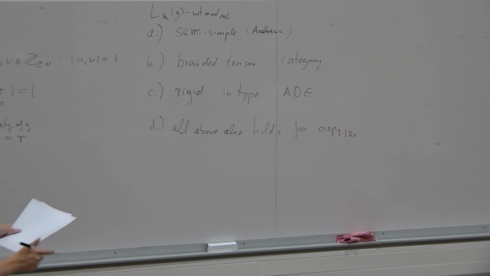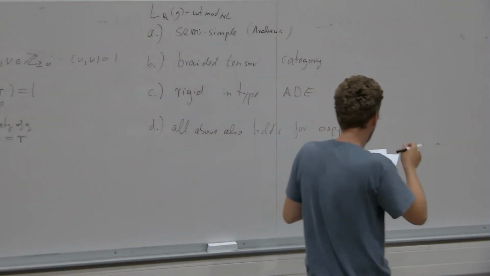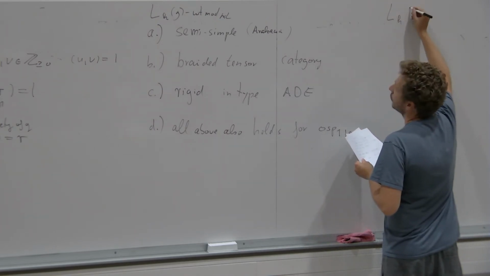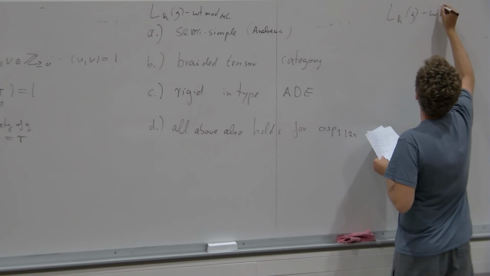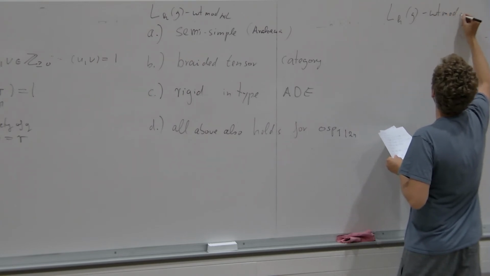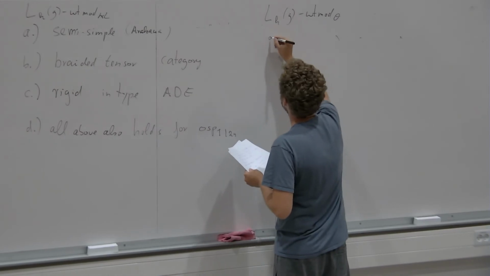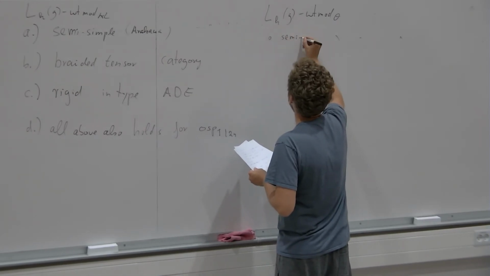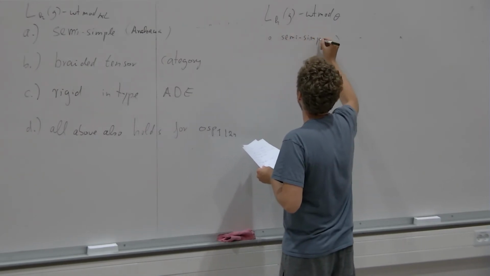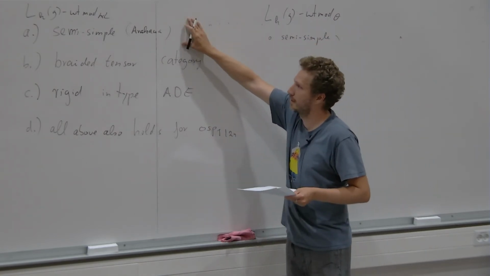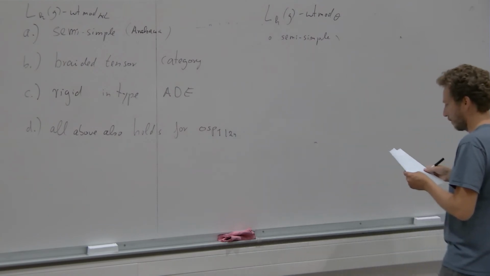Now I want to just continue by giving you a list of what is known about this category. The category O is a little bit bigger, and for that category we still have semisimplicity. That is the same proof; Arakawa proved this one, and since this is a subcategory, it holds for this one as well.